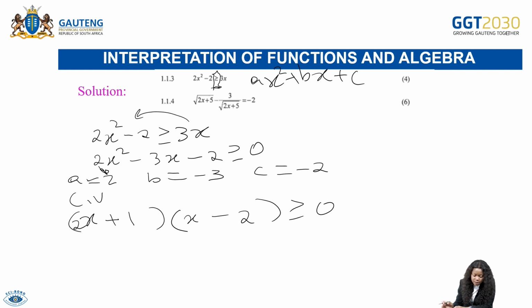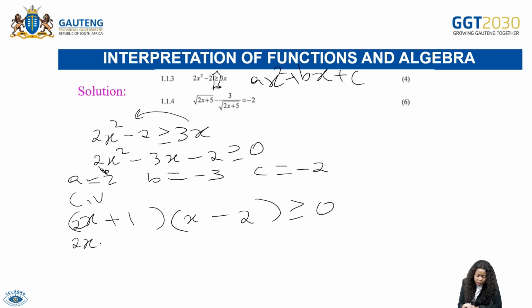If I say 1 times negative 2, I get negative 2. And 2x times x gives 2x squared, and 1 times x and 2x times negative 2, I do get negative 3. Okay, so from here we find your critical values.